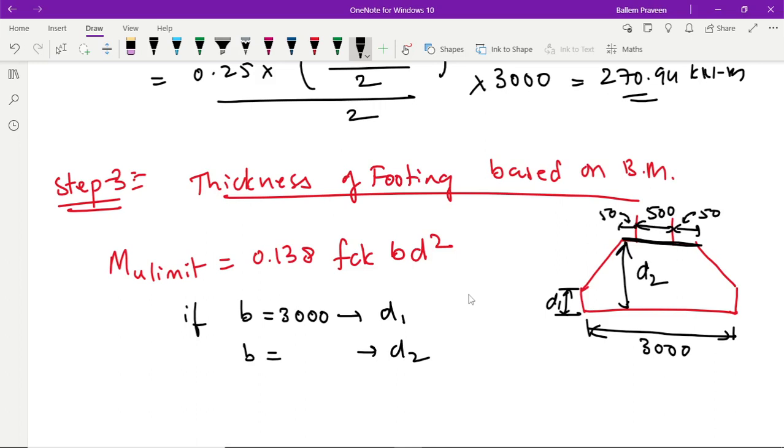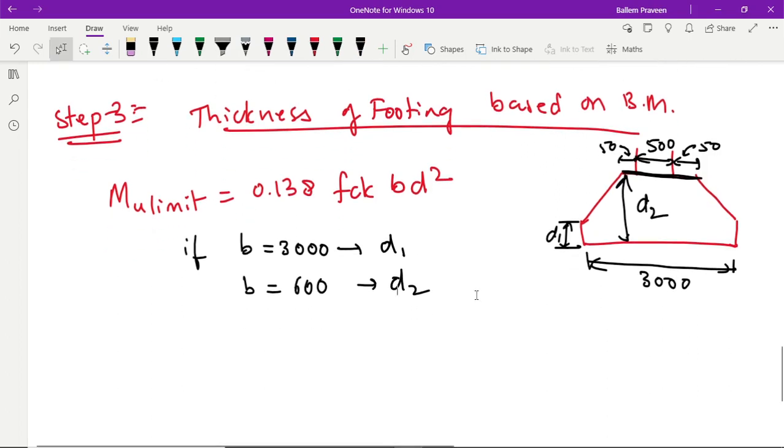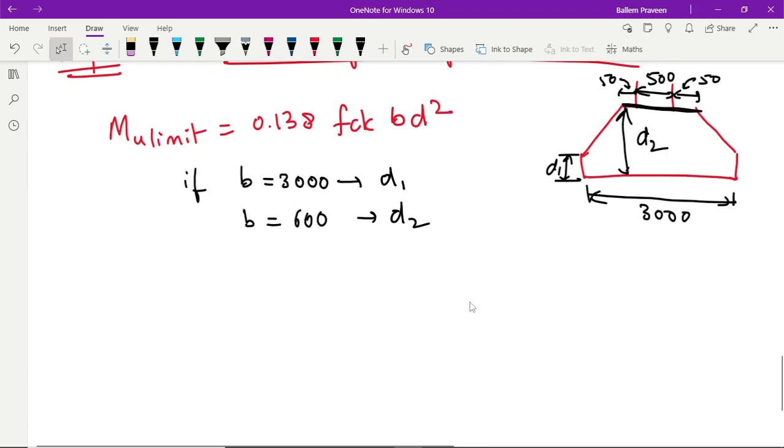So 50 on each side, it will become 600. Okay, so B 600 provided, I will get D2. That's it. Let us substitute these values.